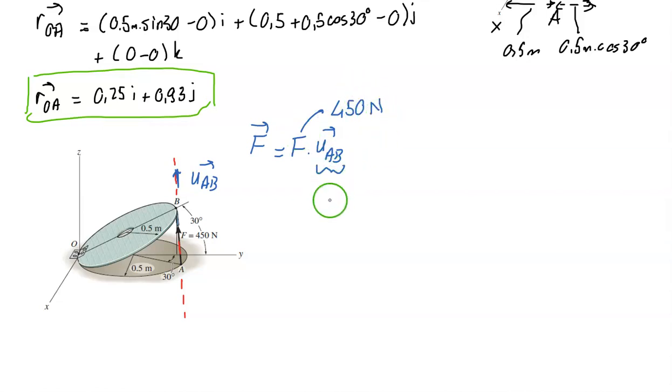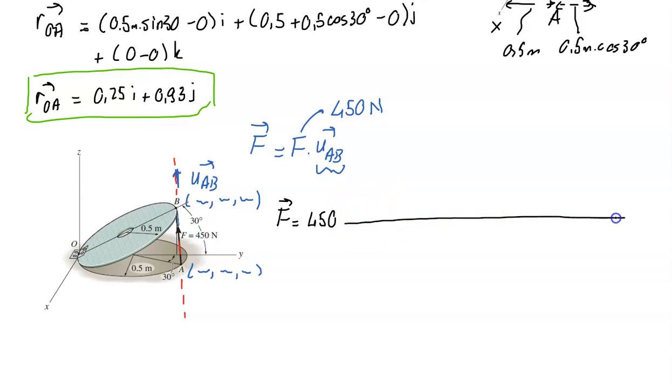We need to write this UAB by using the coordinates of B and the coordinates of A, essentially subtracting B values from A values, like I, J, K of A. That's the approach, if you remember. So my force vector will be equal to 450, so that will be a long equation here.